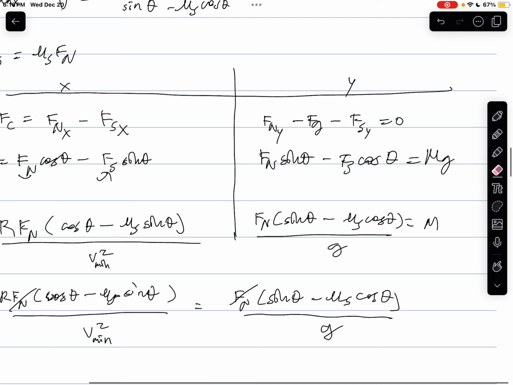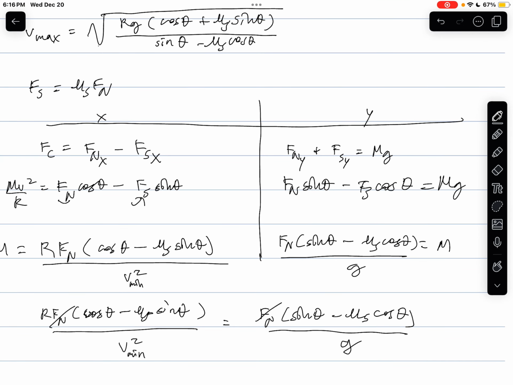And then since the forces acting in the upward direction are FNY and FSY, I'm going to move FG to their side here. So this is going to be plus FSY equals MG.